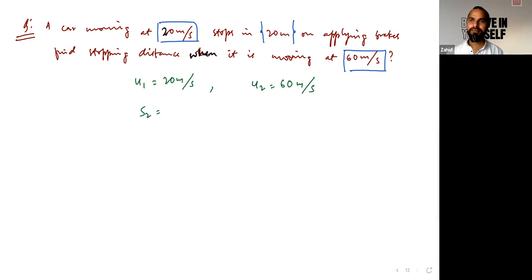S1 equals 20 meters and we have to calculate S2. Yes, Khalid. Good.